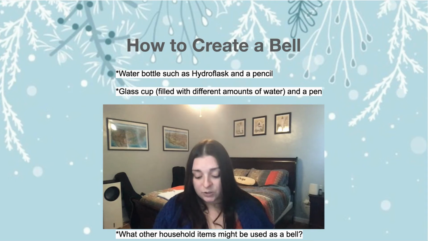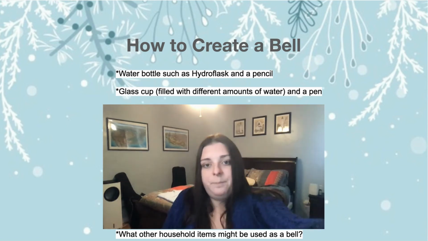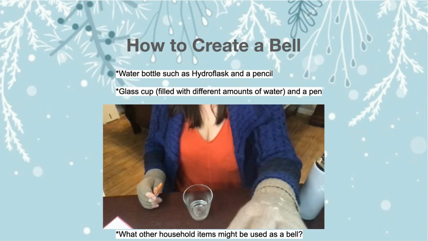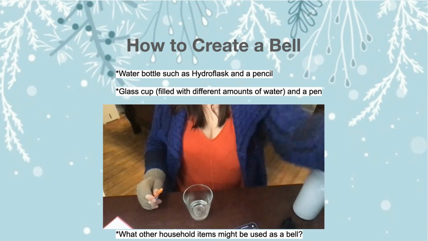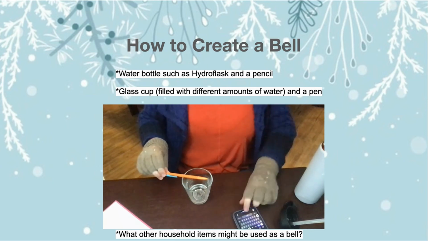And this time, leave the cup down on the table instead of holding it in your hand because it'll allow the cup to vibrate more. So I'm going to pull this down a little bit so you can maybe see my cup. Yes, you can see my cup here. Okay, so I'm going to click.